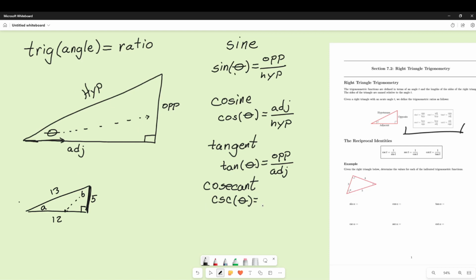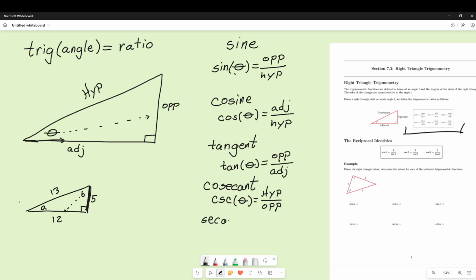It's not that it's a new pair of sides, it's just a new order in the pairing of sides. The cosecant is the hypotenuse in ratio to the opposite. So it's the same pairing as sine, just in the opposite orientation.